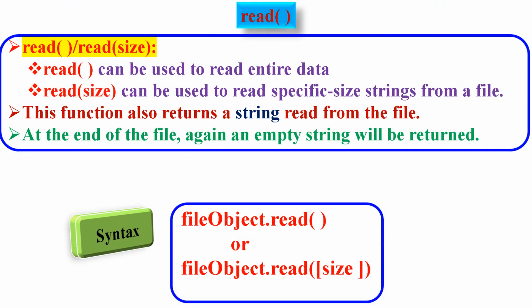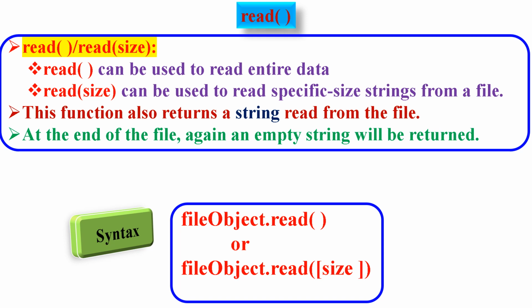Let's learn about the read function in detail. We have the read function and the read of size function. Read function can be used to read the entire data, while read of size can be used to read specific size strings from a file. This function also returns a string read from the file. At the end of the file, again an empty string will be returned.